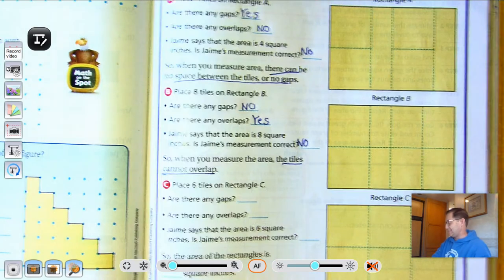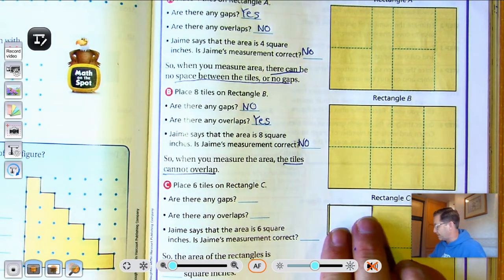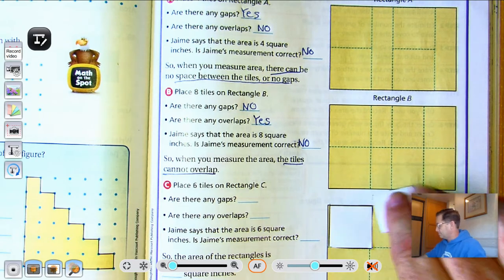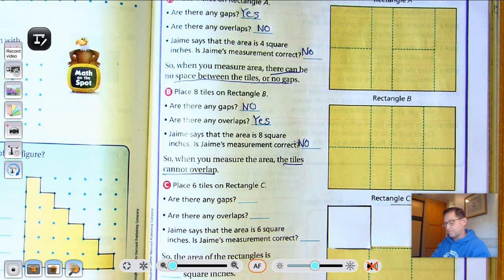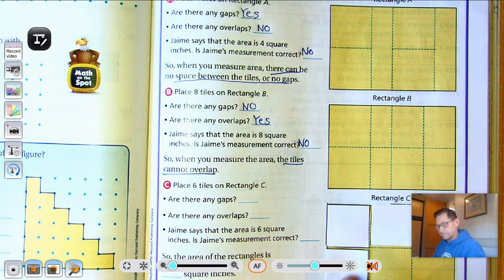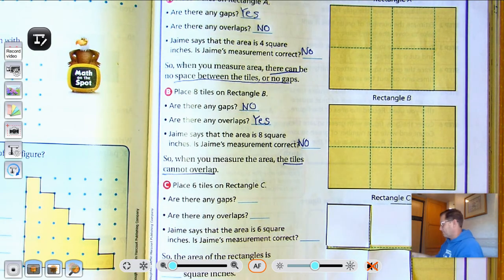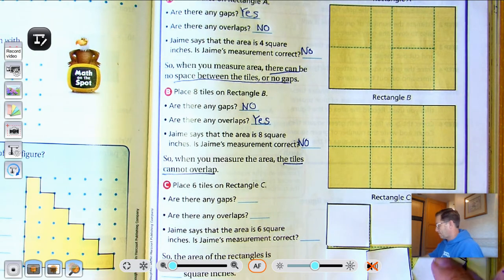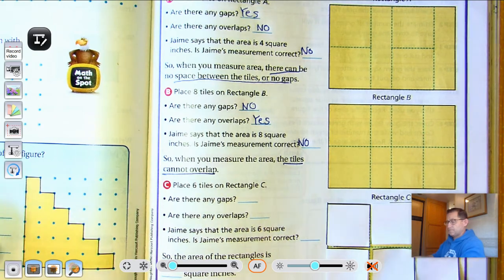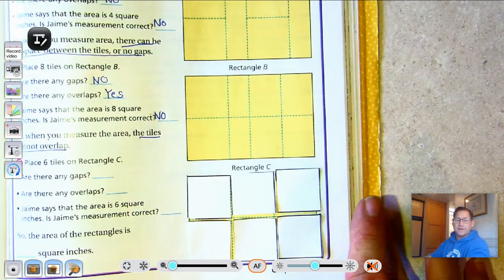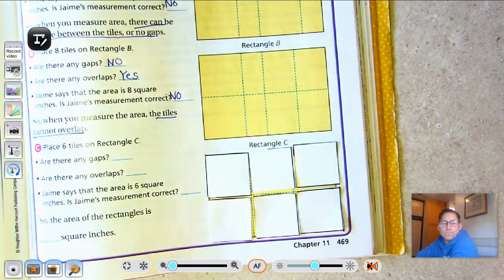All right, now it says place 6 tiles in rectangle C. Okay, when you did that, are there any gaps?